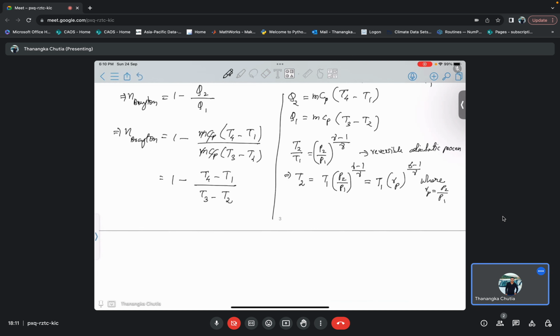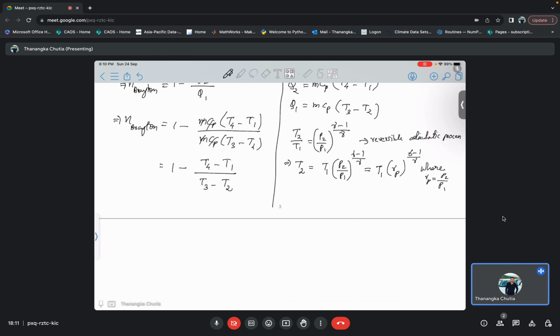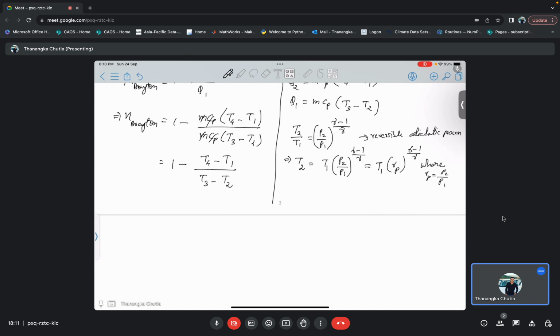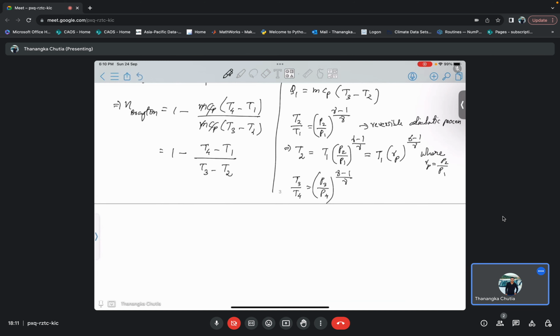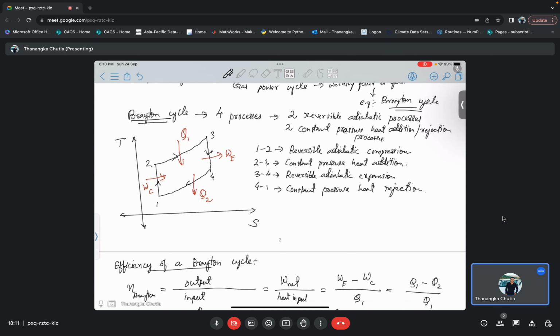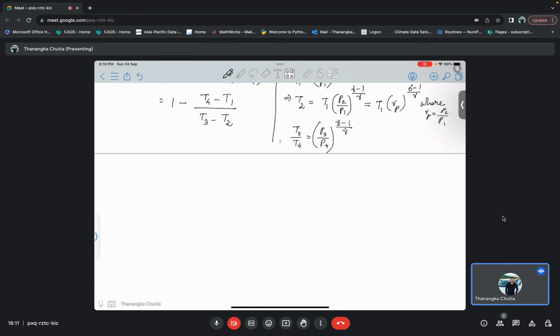Fine. Similarly, for this process, T3 divided by T4 can also be written as (P3 divided by P4) to the power (gamma minus 1) divided by gamma. Now remember, process 2 to 3 is a constant pressure process, so P2 is equal to P3 and P1 is equal to P4.